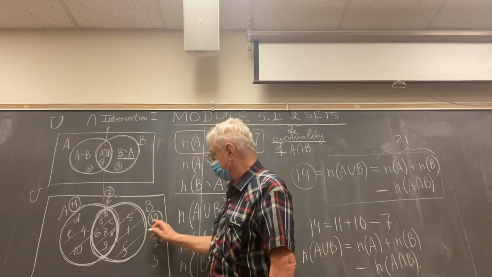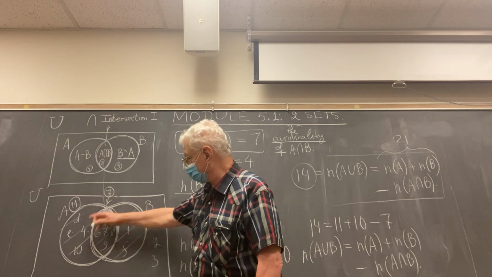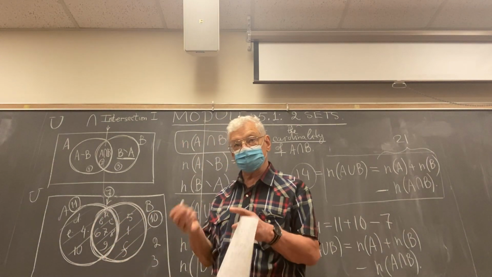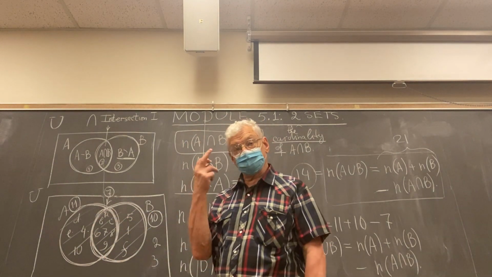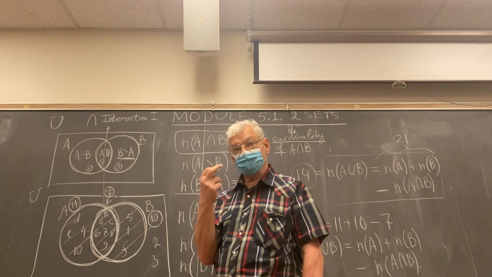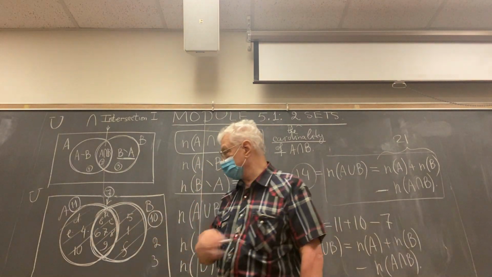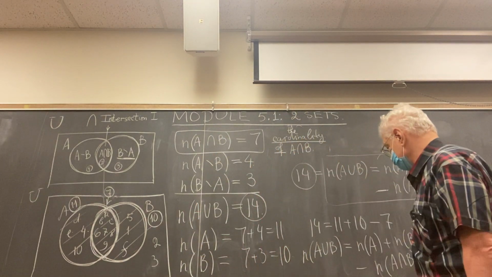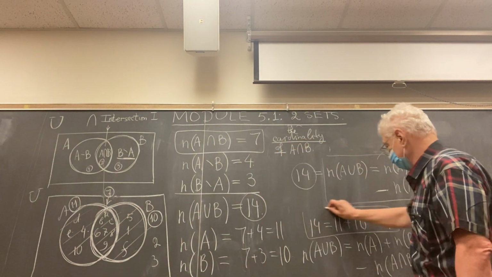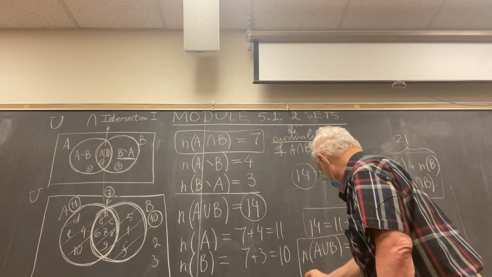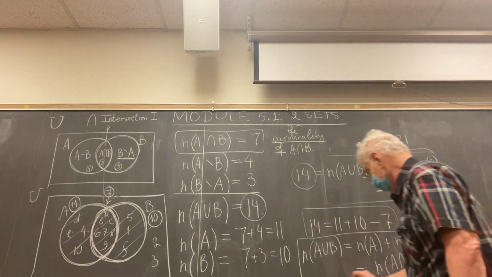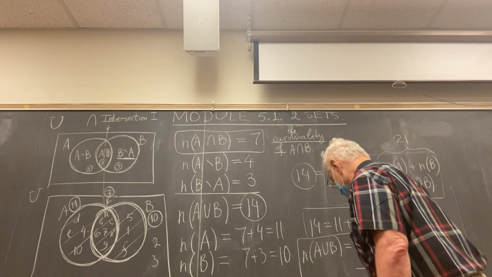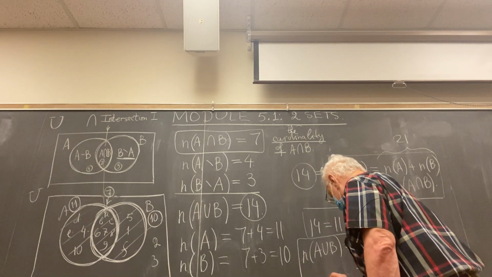How do we get 10? This part, the 1, 5, 1, F, and also the common part. So the common part is counted twice, but we have to count it only once. That's why one time we have to remove it, so we subtract 7. This is the arithmetic, and that one is the formula, the cardinality formula.